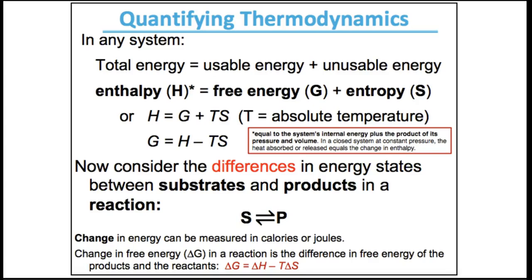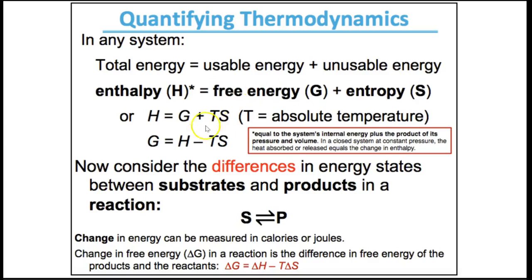And so we can quantify all of these aspects, looking at the total energy, which is equal to the usable energy, which is free energy, plus the unusable energy, which is the entropy, and that is what is considered the disorder.